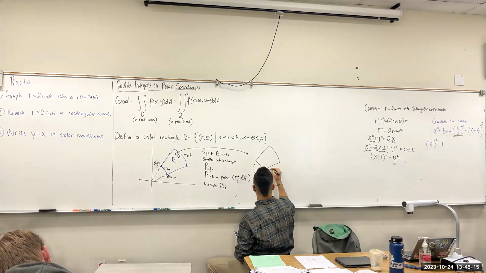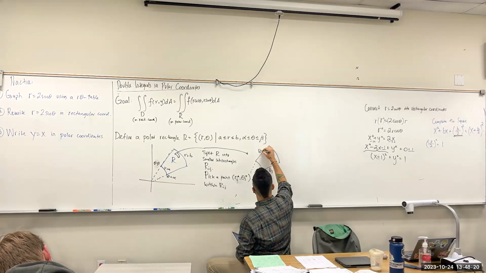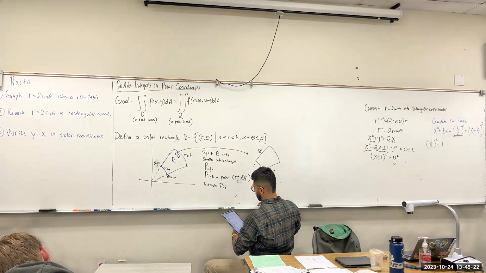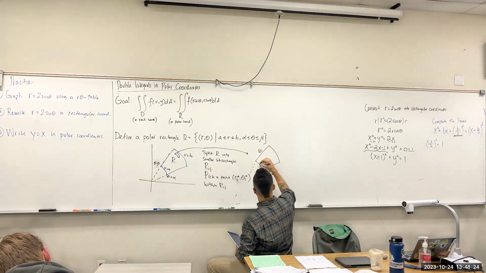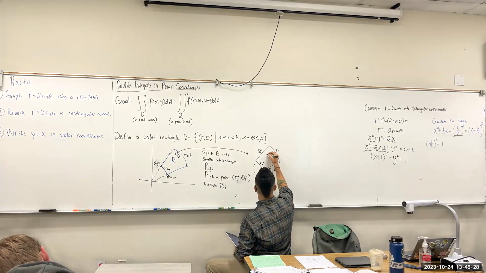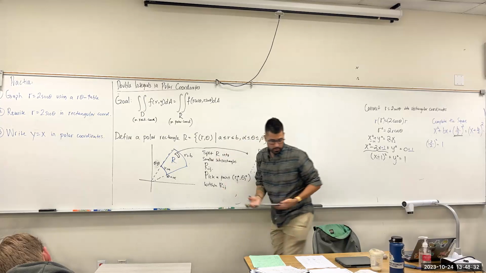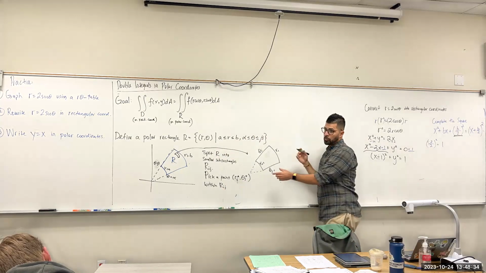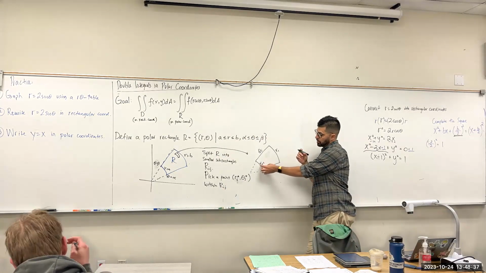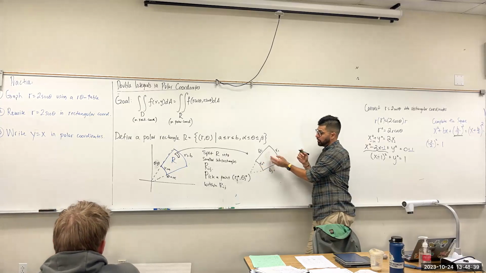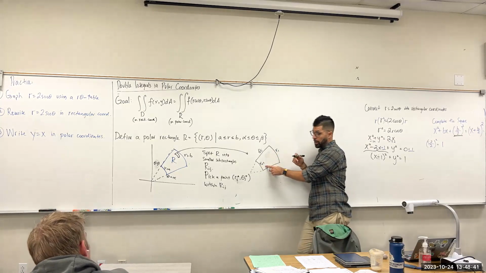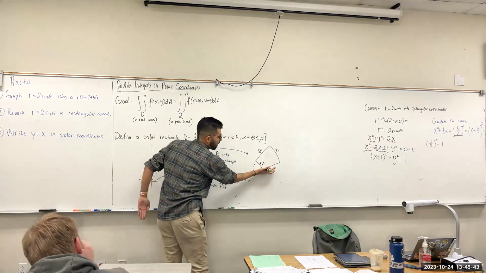So here, this is the angle theta j minus 1, theta j. And this is Ri minus 1, Ri. And then this is the point that we're taking. This point is going to be strategically picked so that it's halfway between Ri and Ri minus 1, and halfway between the two angles.